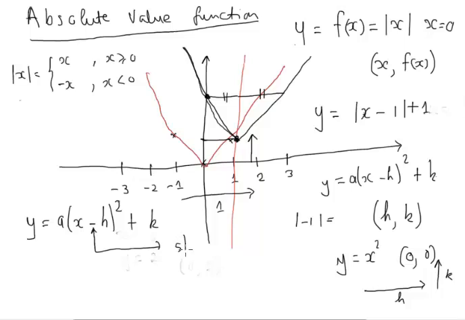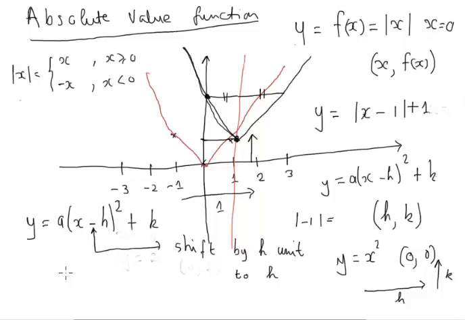Say shift by h units, or shift to h. Now, I can assume that h is positive in this case. So it's just going to go to the left, isn't it?